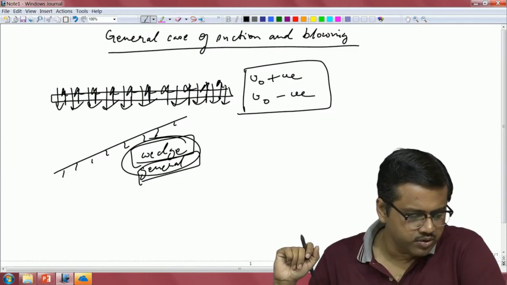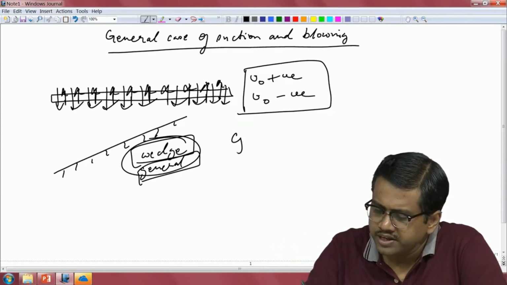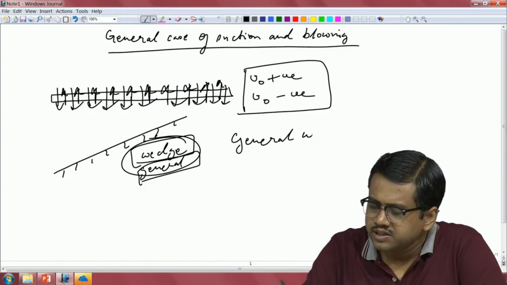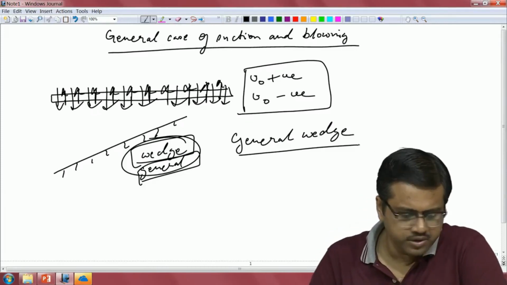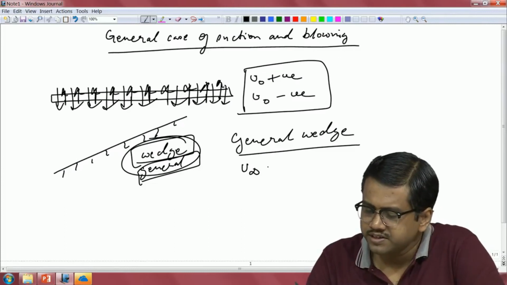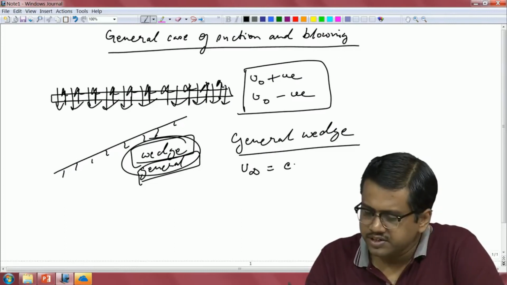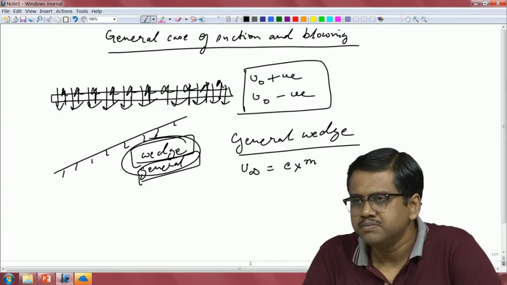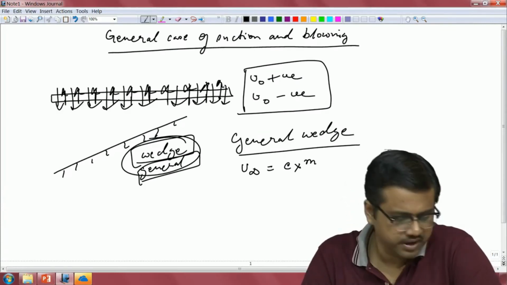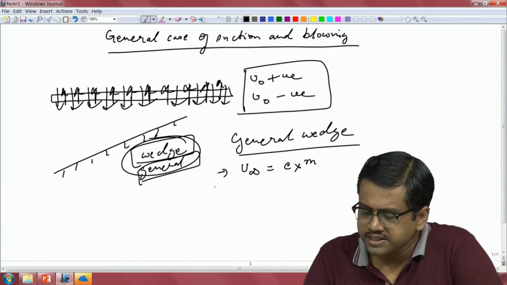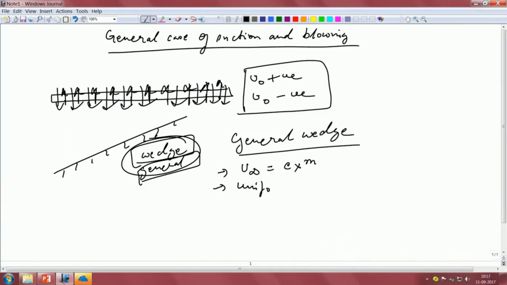Okay. So for a general wedge, because then we do not have to come back and do it again, the u infinity can be written as x to the power of m. Now, how is it exactly written? We will come to that in the next lecture. Okay. And it also has a uniform surface temperature.